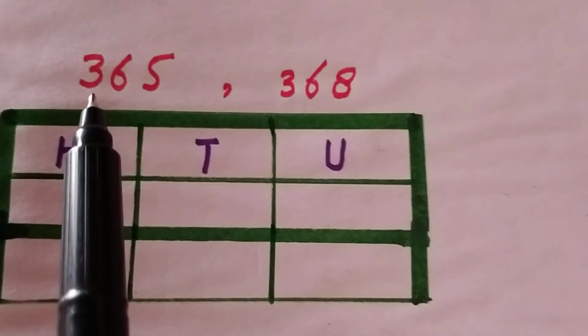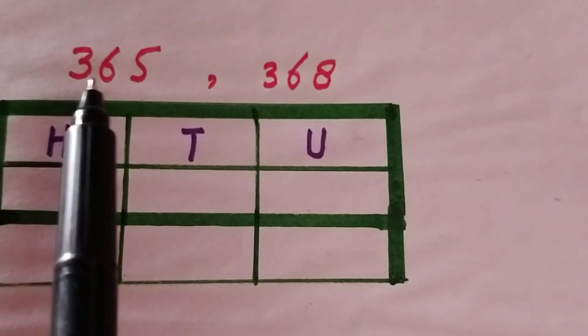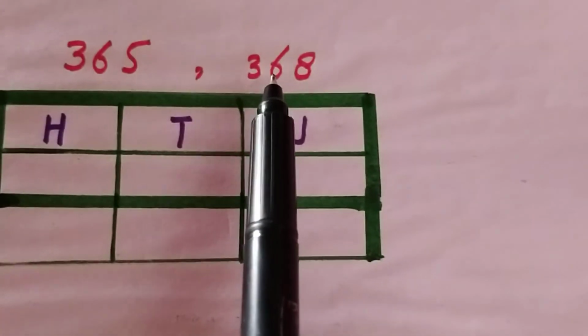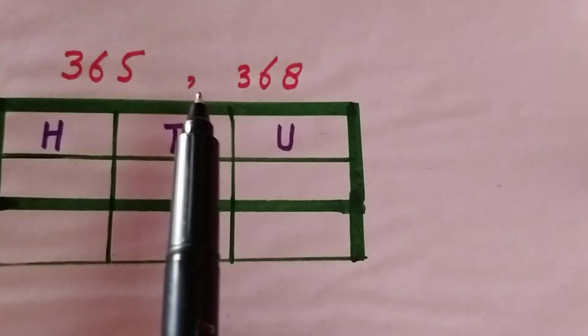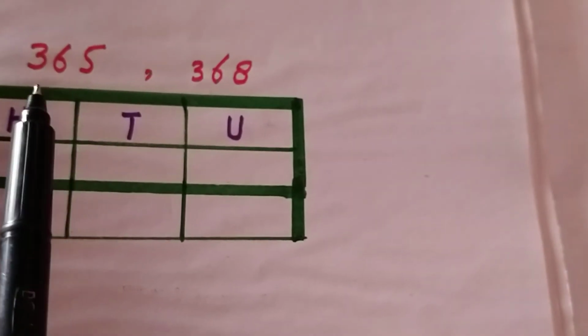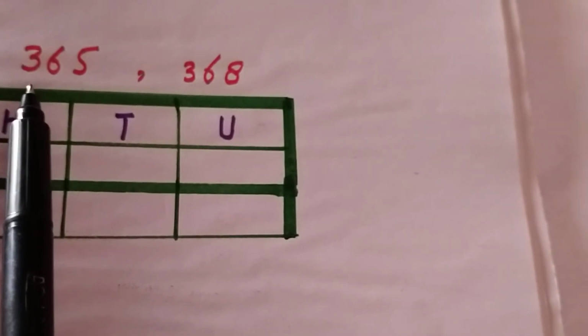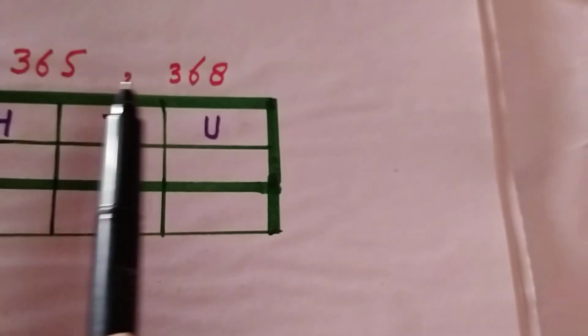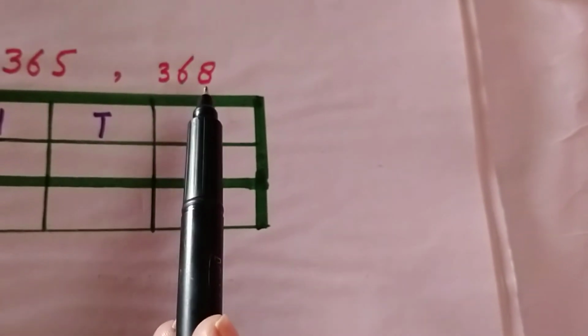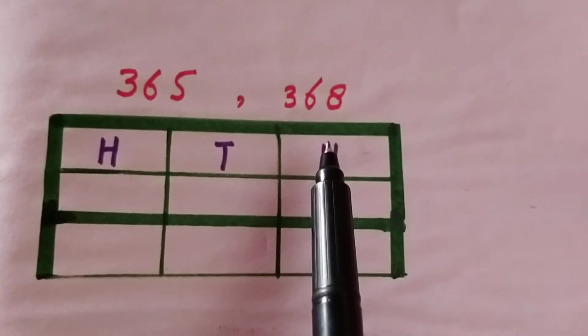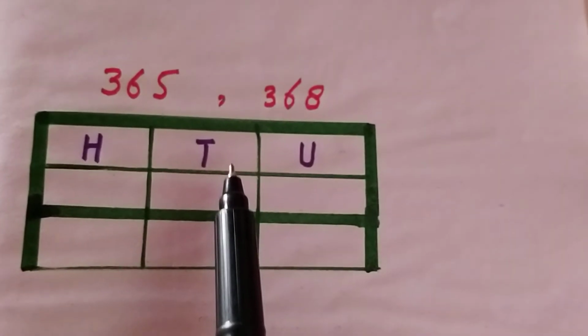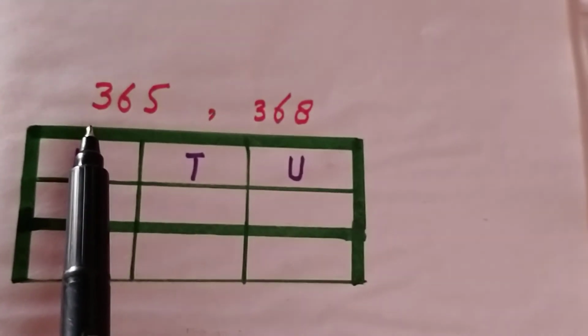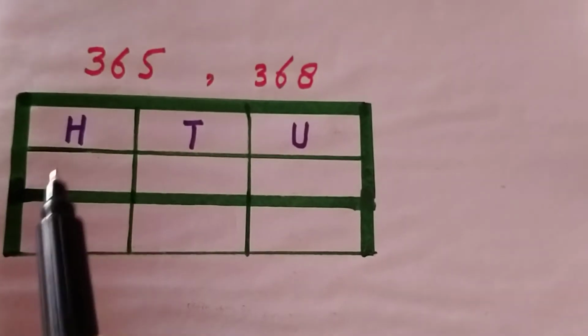Student, there are two values, 365 and 368. We compare the digits in the hundred place, then tens, and finally units. First of all, we compare the value in the hundred place.